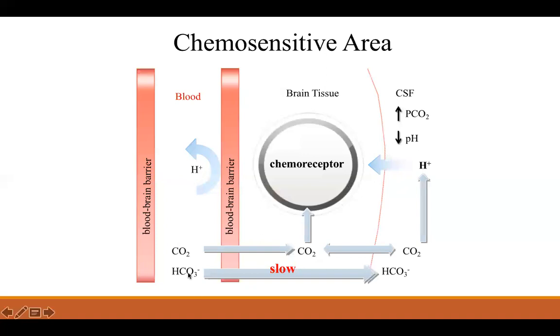Okay, that reaction occurs to some extent in the blood. And hydrogen ions are not allowed to cross the blood-brain barrier. So that's what it says. So hydrogen ions do not reach the brain from the blood. However, CO2 can. CO2 is quick at reaching the brain.